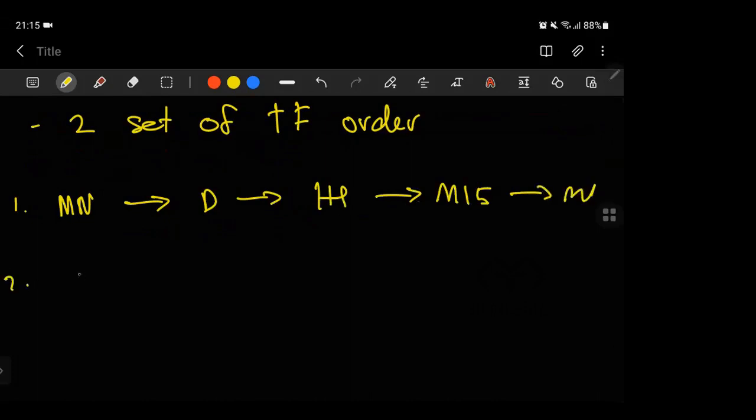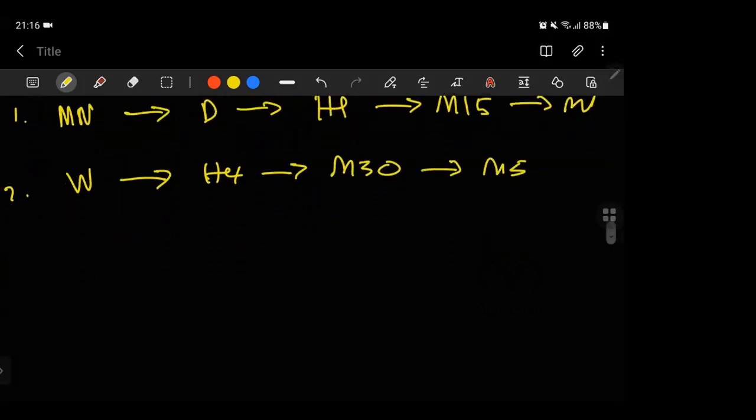Second one, we have weekly, H4, M30, M5. So the market is dynamic. So we can buy and sell.